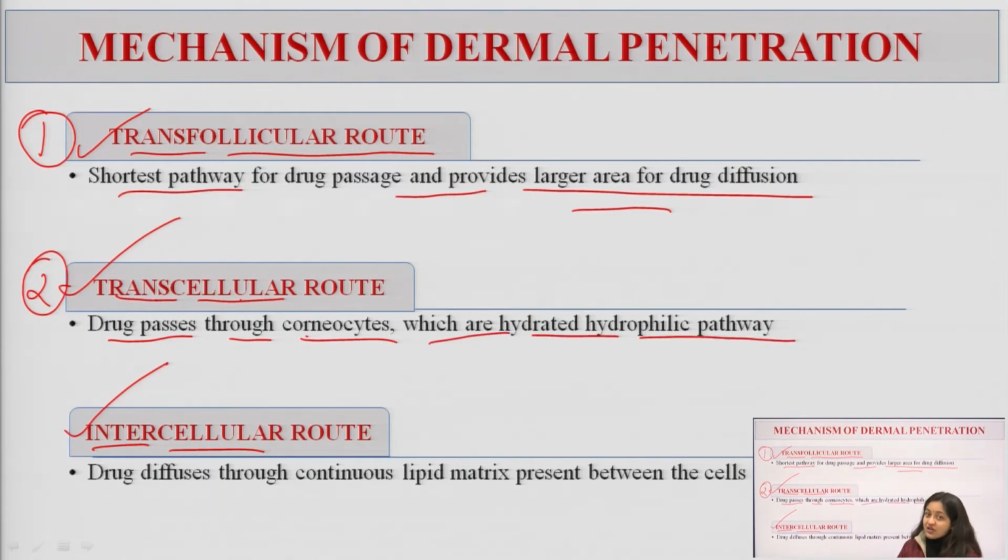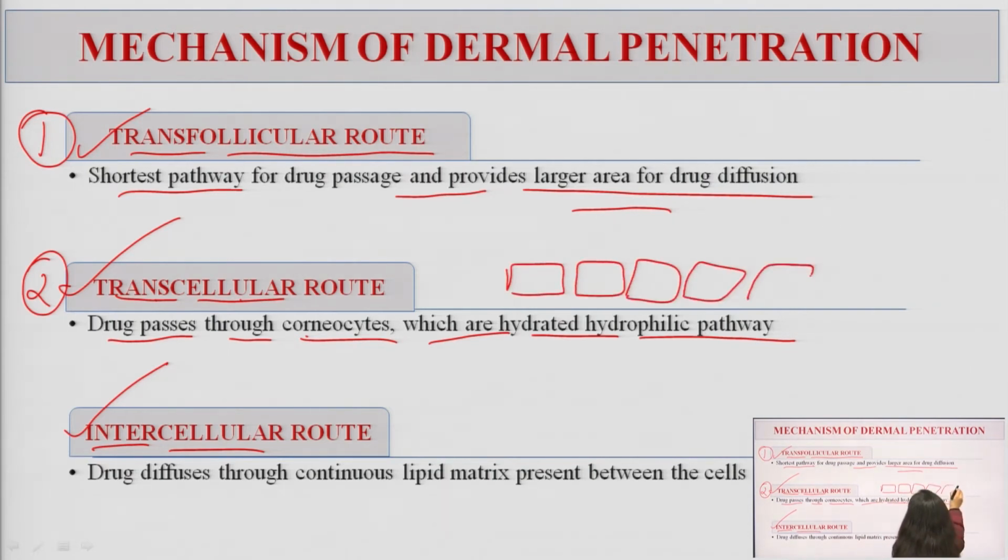Here, majorly hydrophilic drugs are going to pass through, because the pathway is hydrophilic in nature, and the drug passes through between the cells. For example, there are multiple corneocytes present in the layer of the skin. Between these 2 corneocytes there is a layer through which our medicament might penetrate. So, that is your transcellular route.